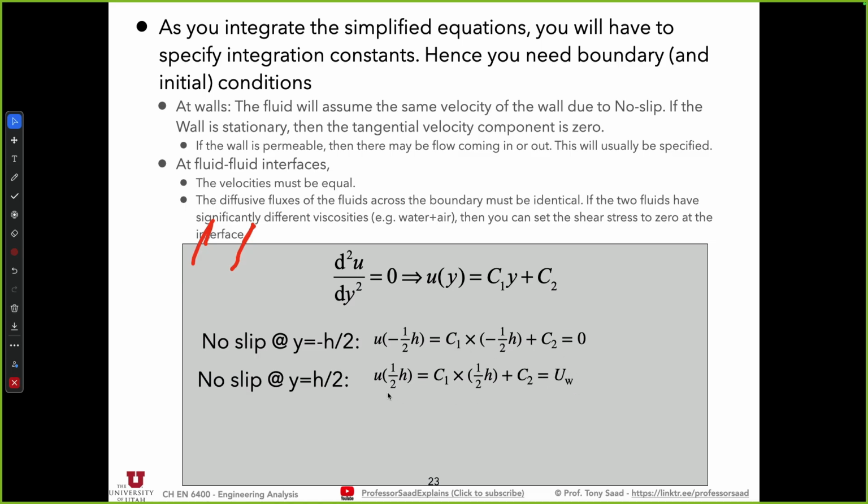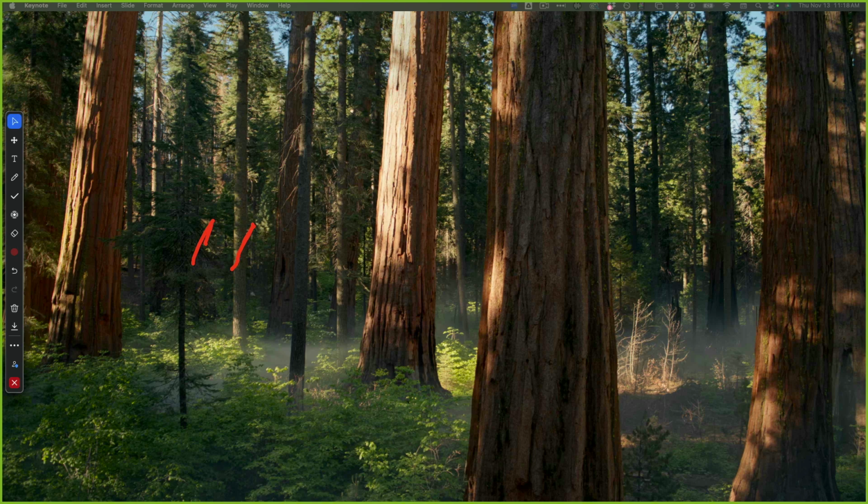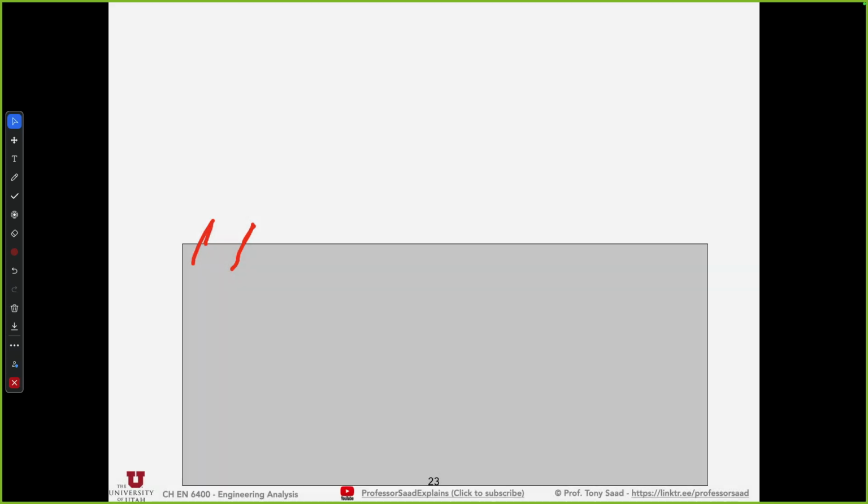So now we have two equations and two unknowns, C1 and C2, and you simply solve for C1 and C2 as you normally would. You get C1 equal to U wall over H, and C2 equal to U wall over 2.